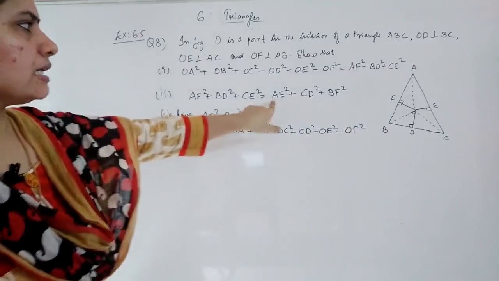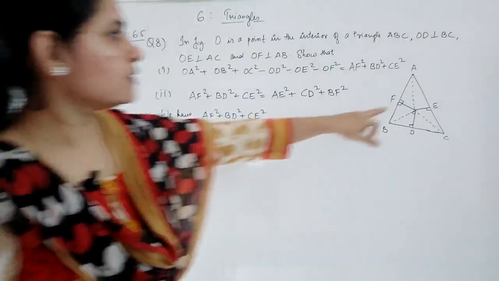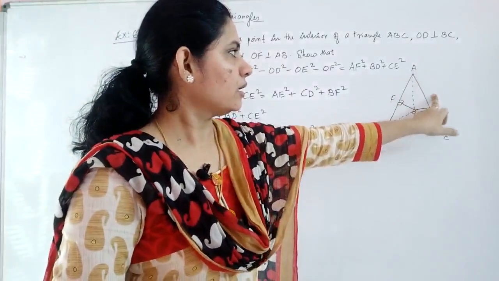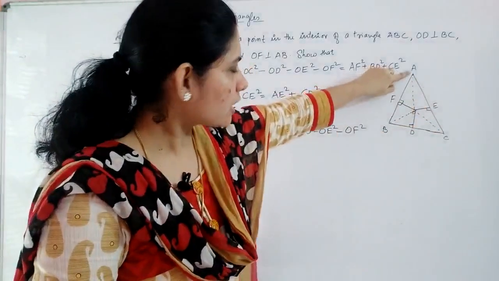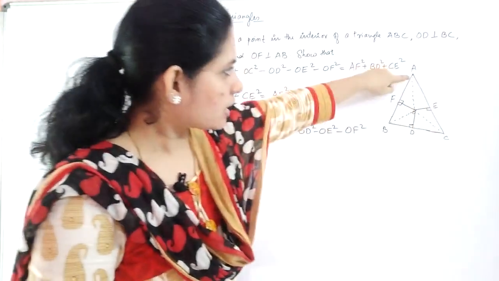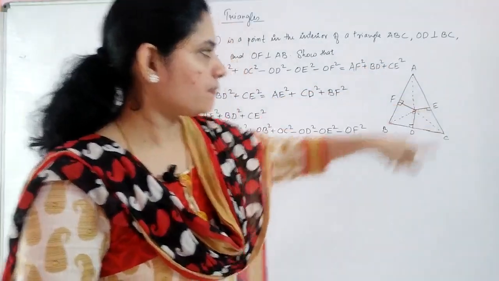Now the thing which we need is AE square. We have to reach AE square. In order to get that, we will just go for what is AE, this one. So AE square means you have to consider this triangle. AE square can be written as AO square minus OE square.